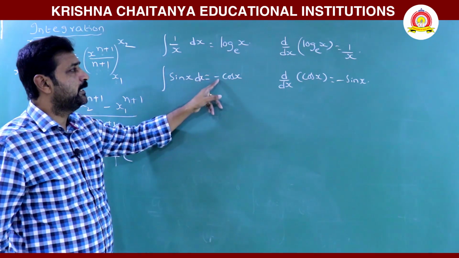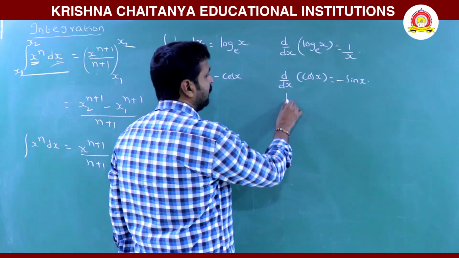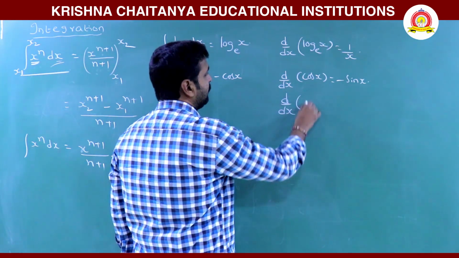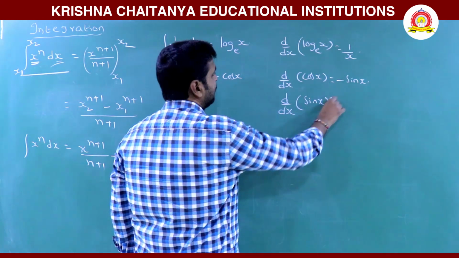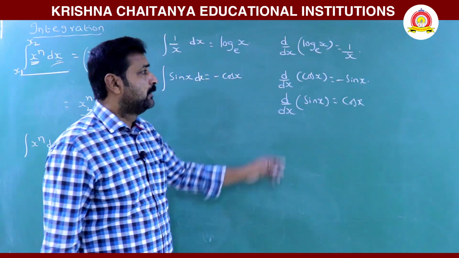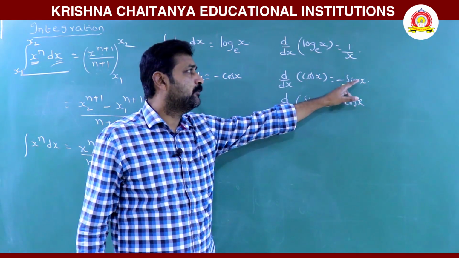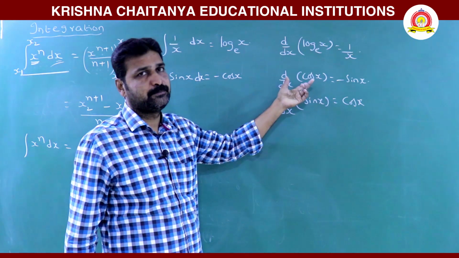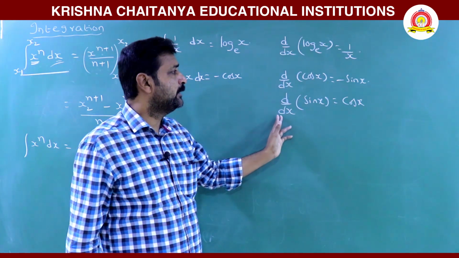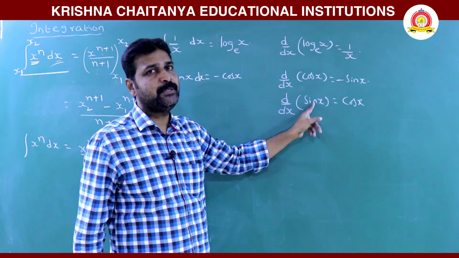Taking minus to this side, it is minus cos x. Similarly, we know d by dx of sin x is cos x. So, d by dx of cos x gives minus sin x. Then integration of sin x gives minus cos x. Here differentiation of sin x gives cos x. Then integration of cos x gives simply sin x.